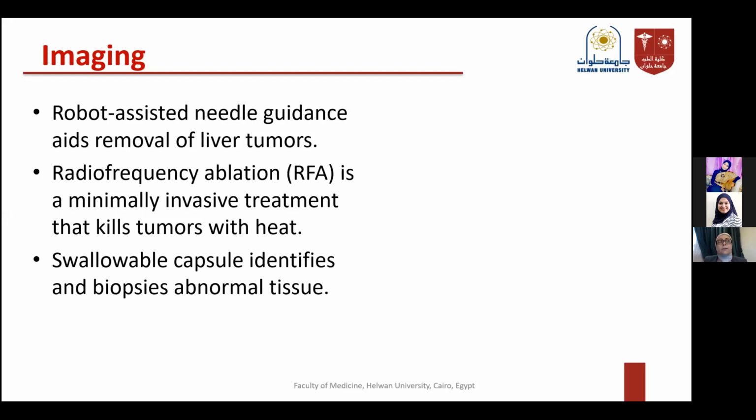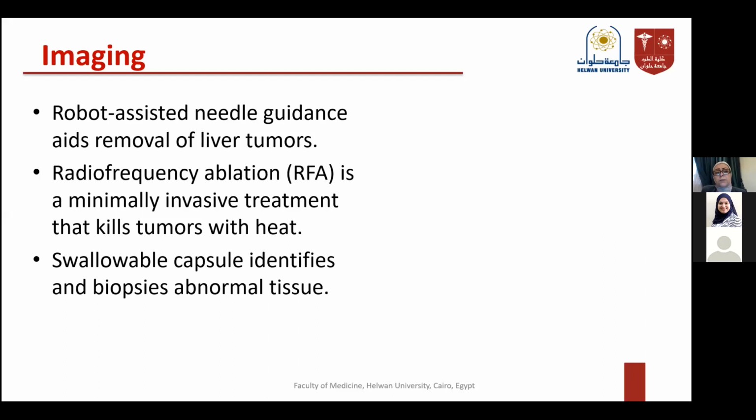You know, the open surgeries for liver tumors are becoming less common today because of the advances in other techniques, such as embolization or other more advanced techniques.